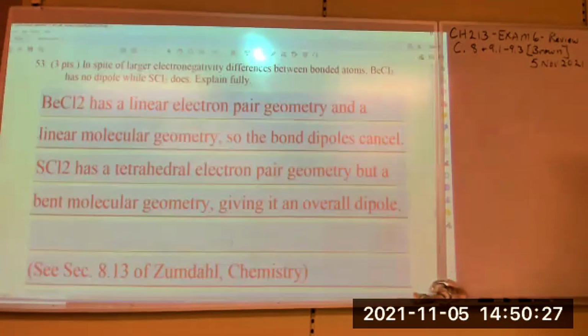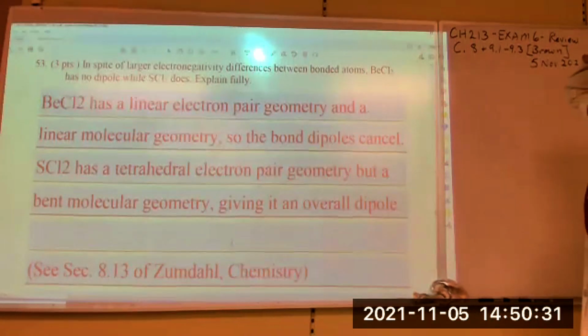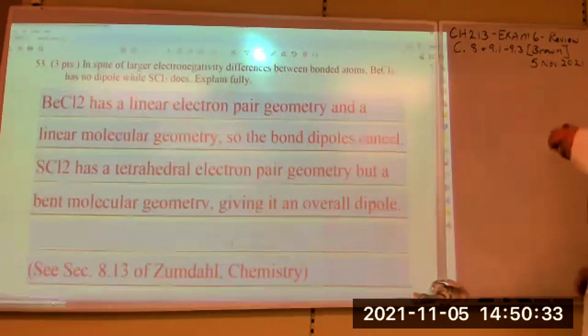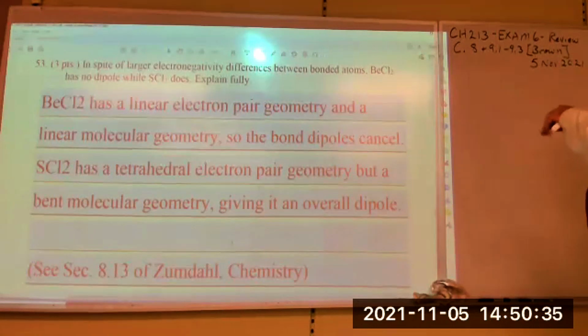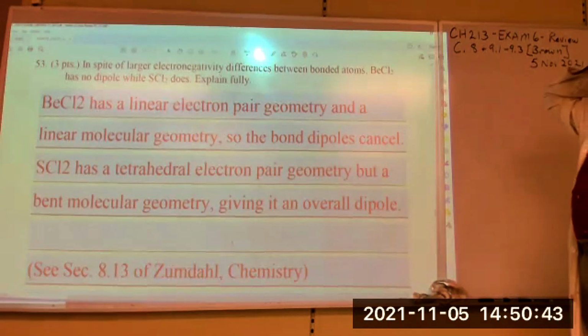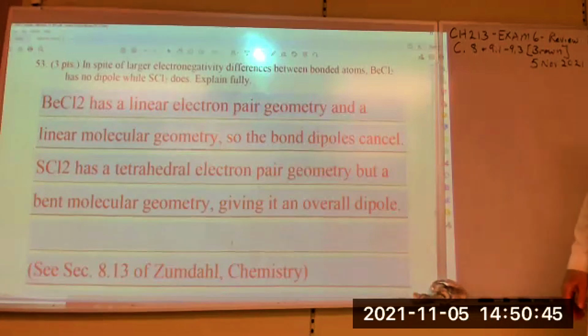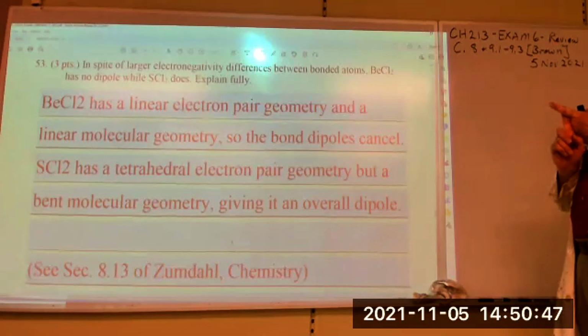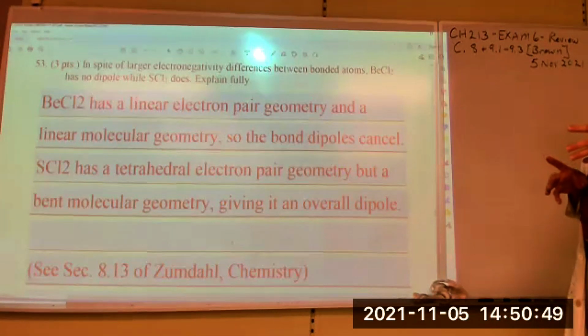In spite of the larger electronegative difference between the bonded atoms of beryllium and chlorine, the beryllium chloride has no dipole, while sulfur dichloride does have a dipole. So what's the explanation? We just go back to, we already know the bonds are polar, right? So it has to be something with the geometry.